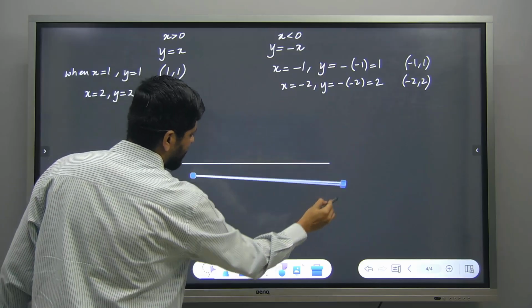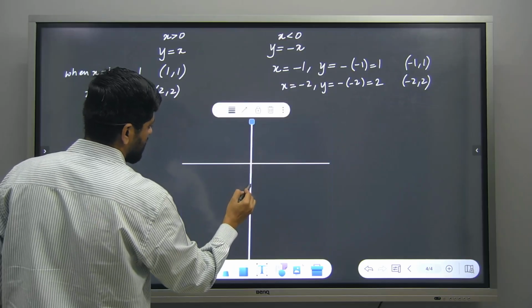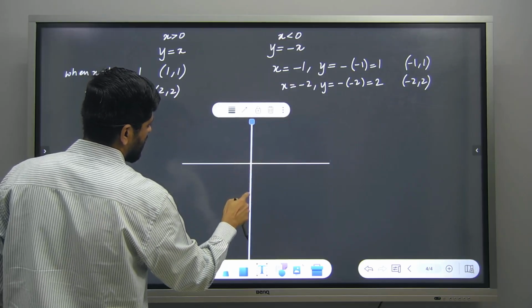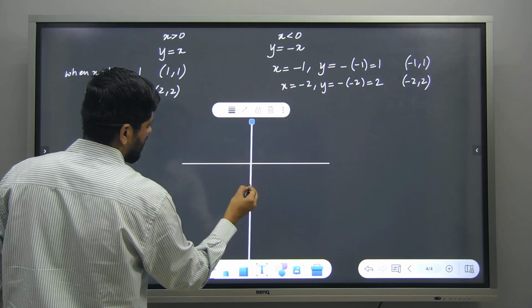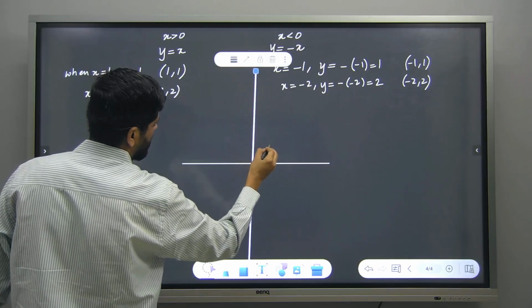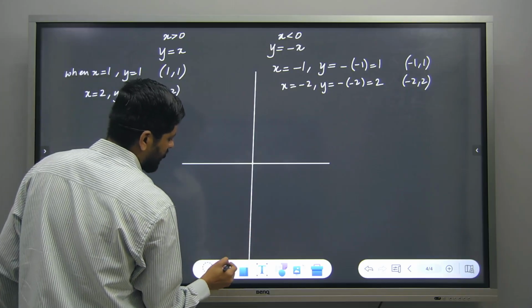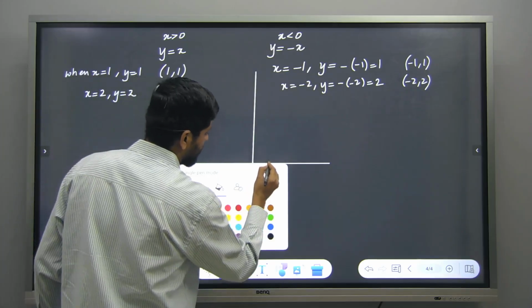Yeah, so we have the x-axis and the y-axis. On plotting this, let me extend it, no problem. All right, let me plot the line. Where is 1 comma 1? 1 comma 1 will be here for me.